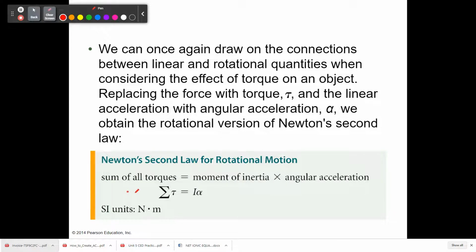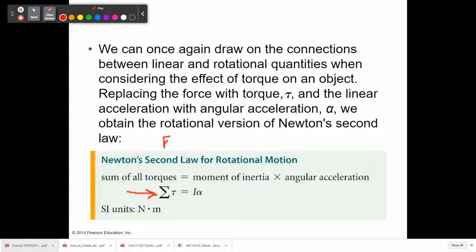Okay, so here is the formula for that. The sum of all the torques is equal to the moment of inertia times the angular acceleration. If we didn't want to just add all the torques up together, we could use this formula. Just like in linear quantities, you can replace the force with torque and the linear acceleration with angular acceleration, and we obtain the rotational version of Newton's second law.